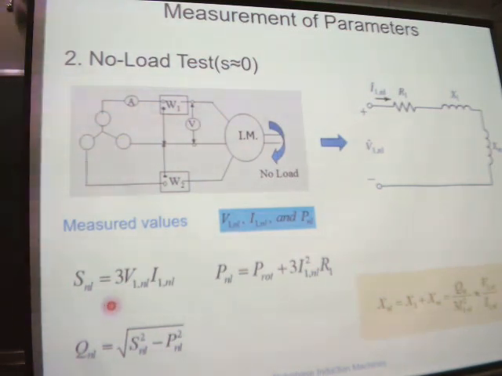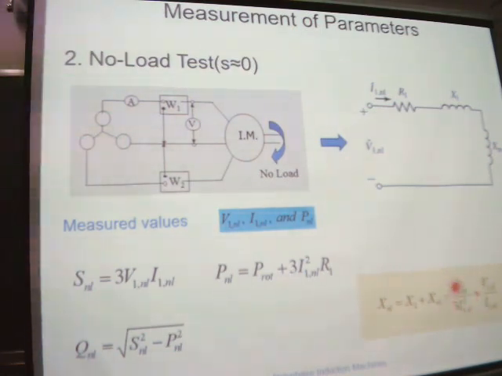Using the apparent power and the active power, we can calculate the reactive power Q no load. This is useful. We use the Q no load here, divided by 3 times I no load squared.